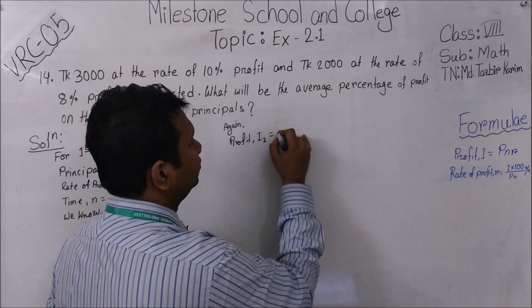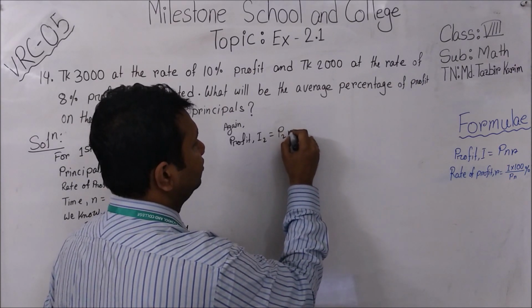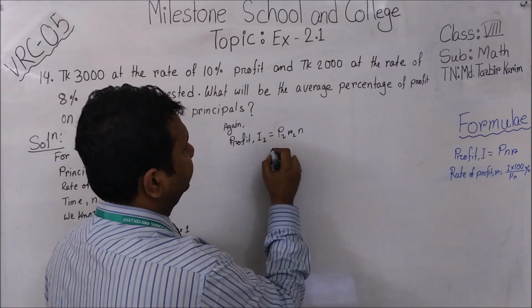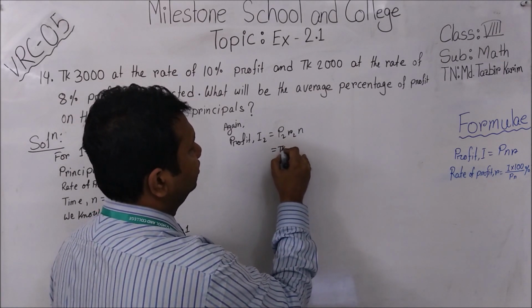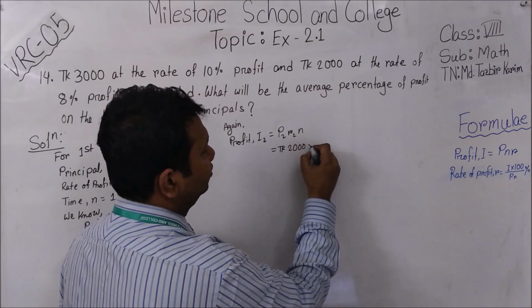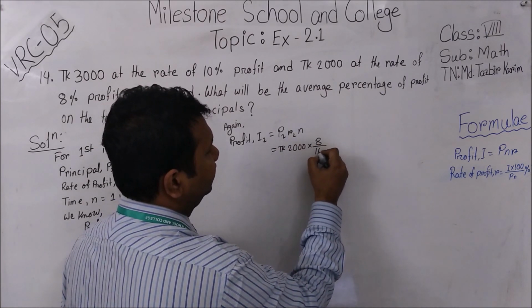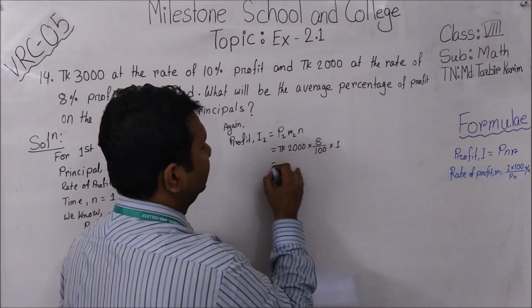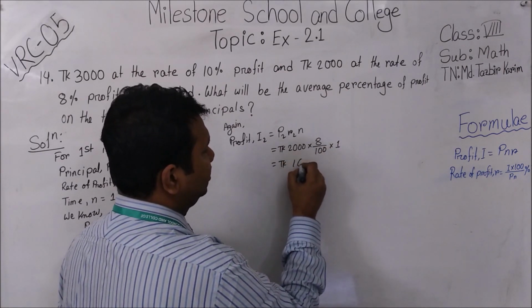I2 equal to P2 R2 N. So if you put the values, 2000 into 8 by 100 into 1, that equal to 160.